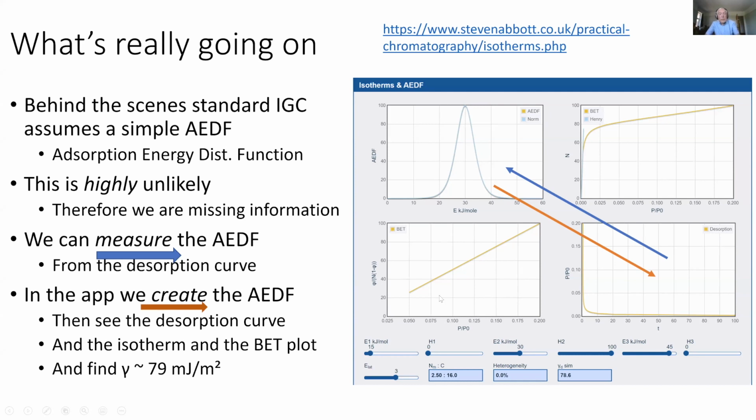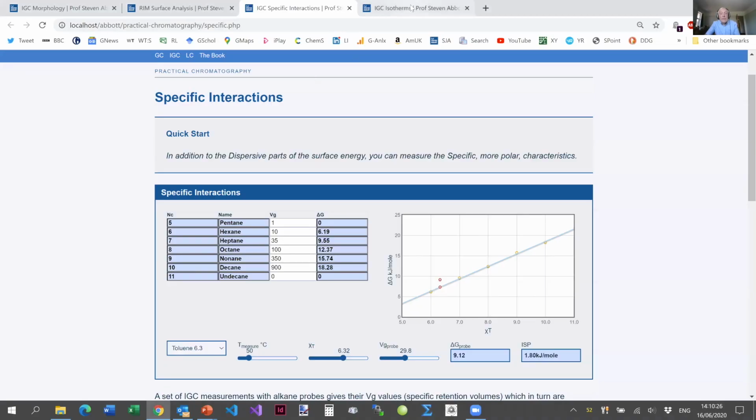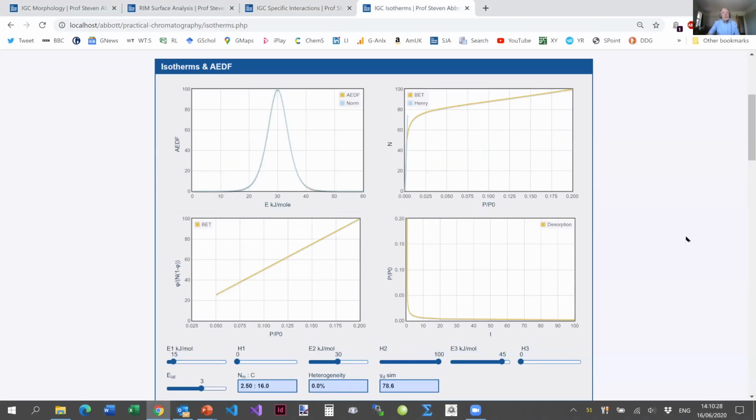So if you go to the next app, which is the AEDF app. So here we have that nice peak, but that's not real life. So let's add some high energy stuff. Just as Eric showed us with hexylamine and hexanol. So go to the H3, which is the height of a third peak. I'm just allowing you to choose 3 peaks.